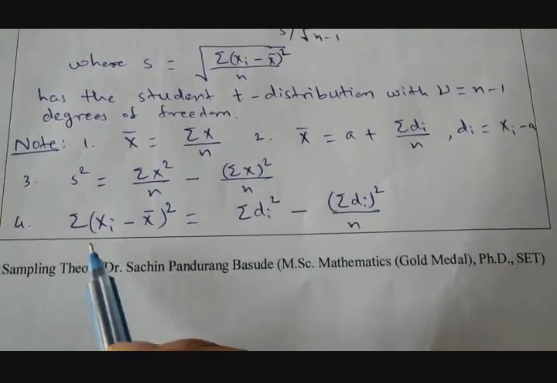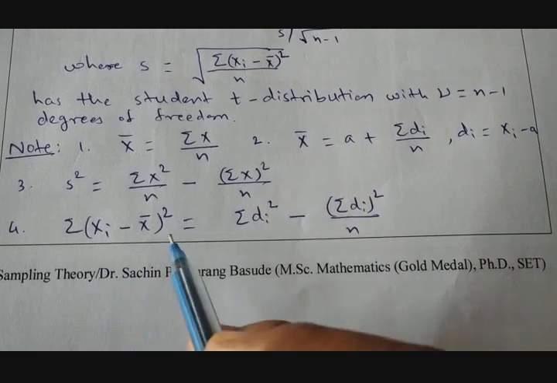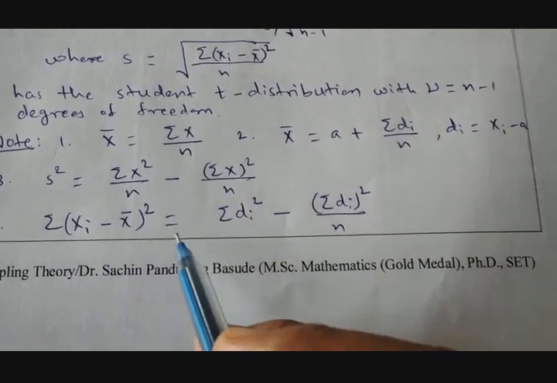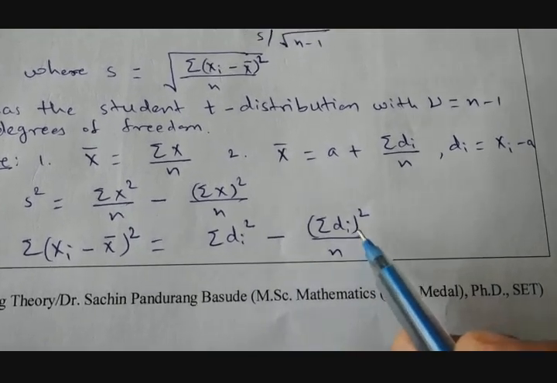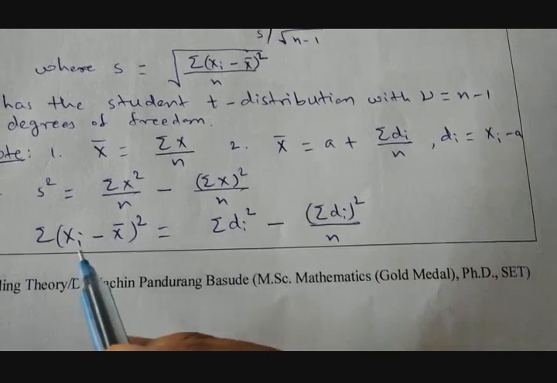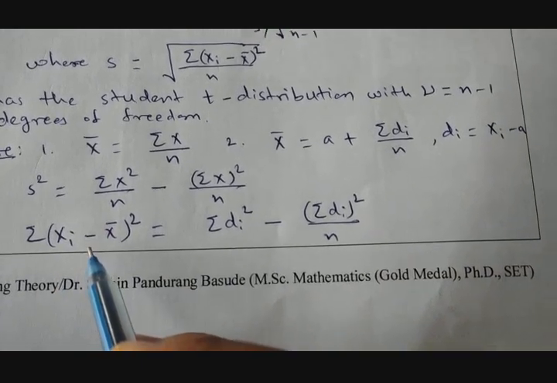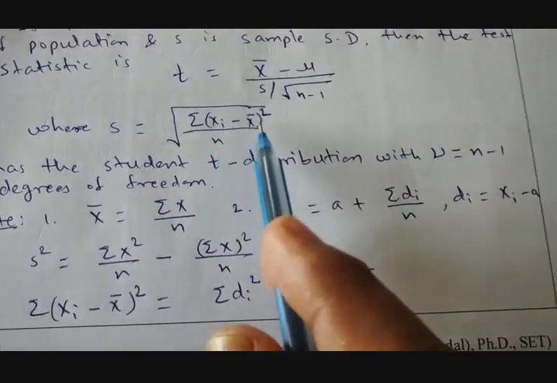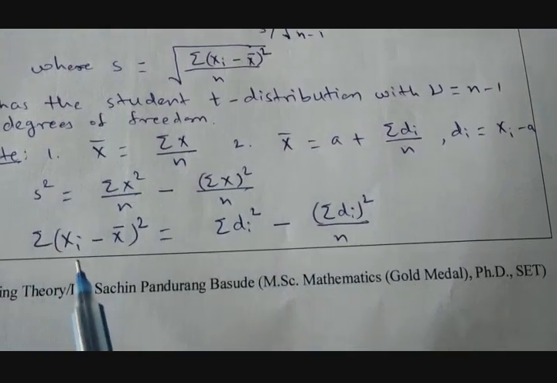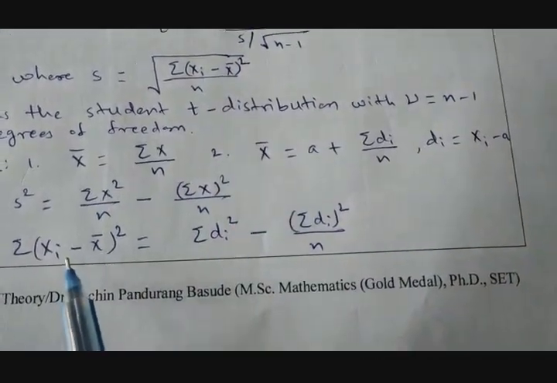The last formula is summation of (xi minus x bar) square equal to summation of di square minus (summation of di) whole square by n. In finding the value of s, we require the summation of (xi minus x bar) square, so we can find this term using this formula.